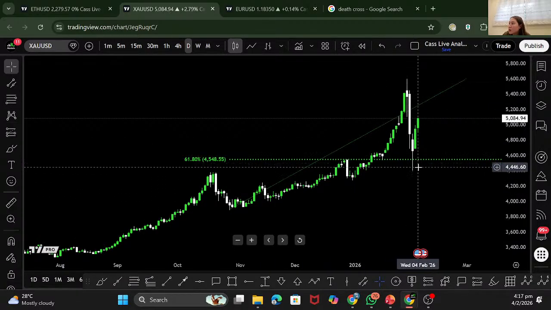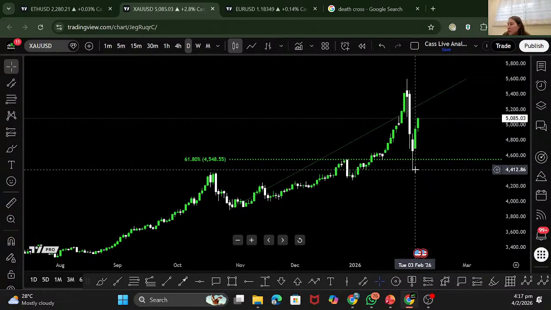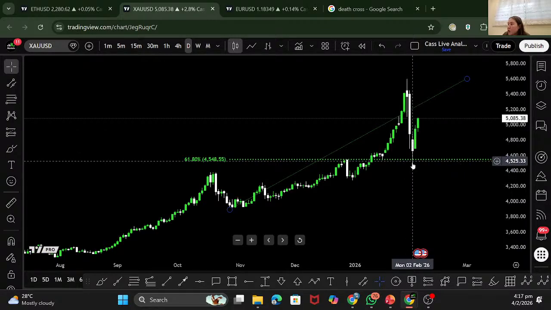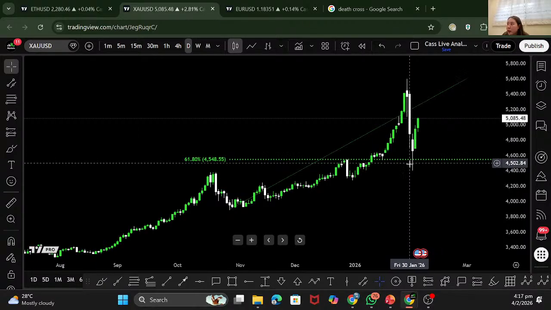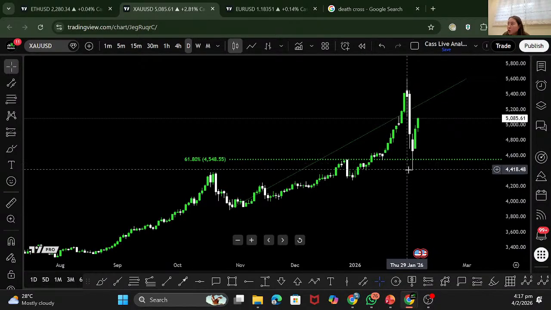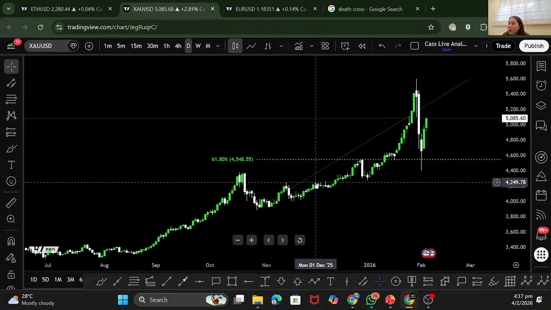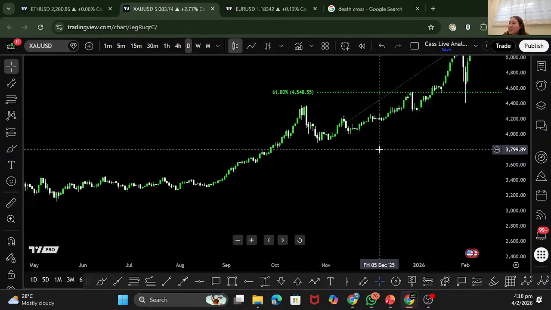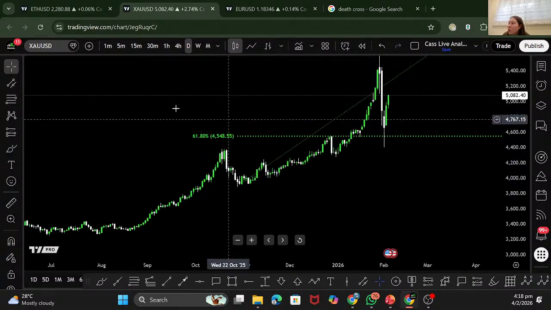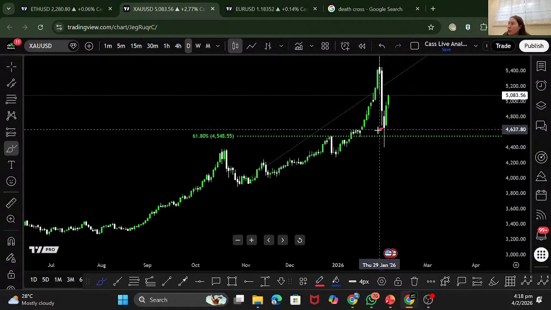Even if I had done this analysis on Monday, I would have gotten the direction correct, but I would have been stopped out because this wick is huge. This is the problem with gold. It's nice to trade gold, but once in a while you have these super long wicks.